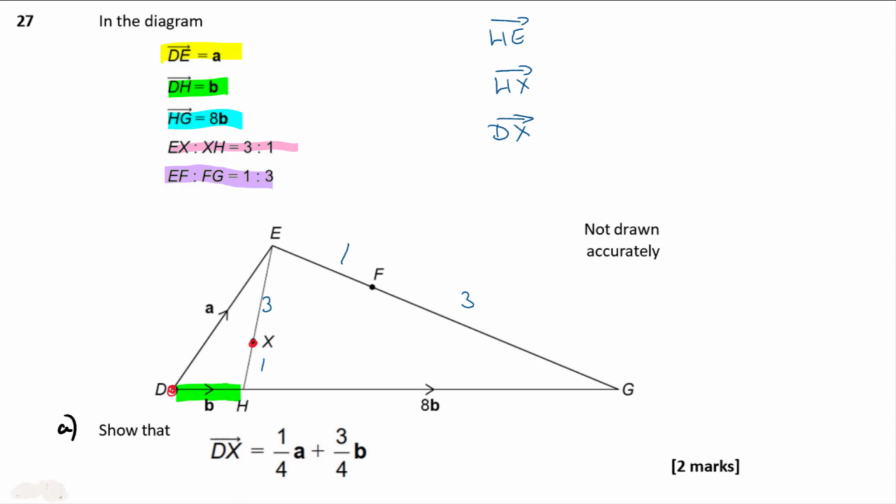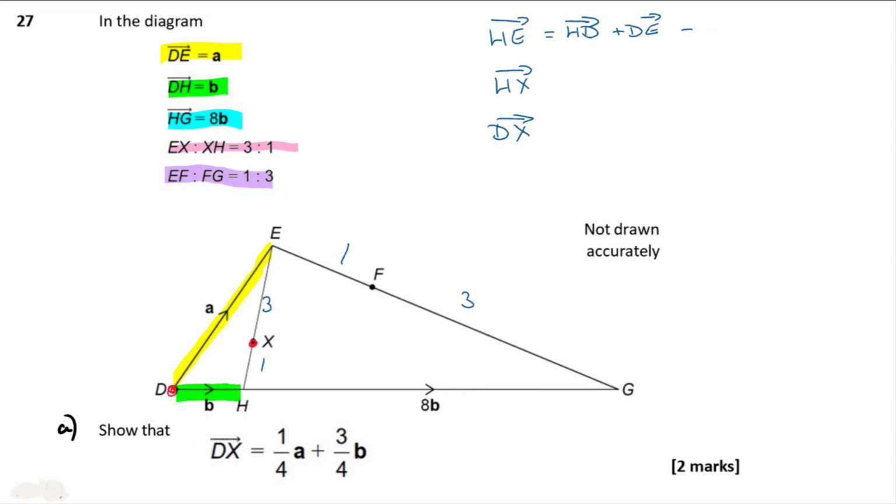Right, H to E. If I want to go from H to E along vectors that I know about, I can go from H to D along that green line, and then I can go from D to E along that yellow line. So vector H to E is the same thing as H to D plus D to E. And that is equal to minus B plus A, which you could write as A minus B, probably a little bit neater.